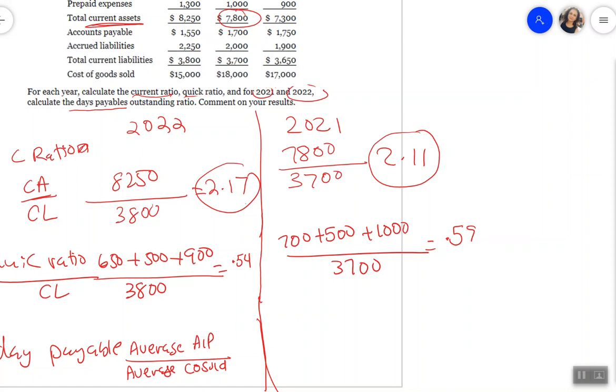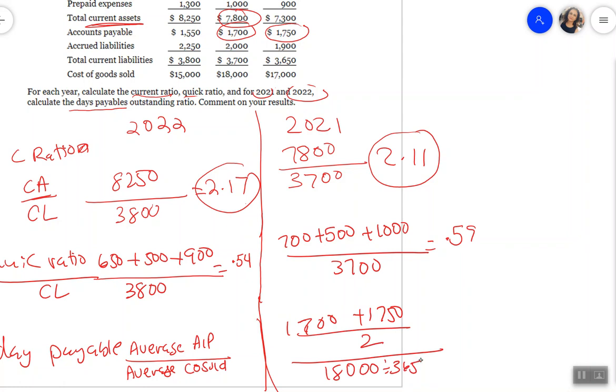For the accounts payable, you look at the ending of 2020 and the ending of 2021. So in this case, it will be 1,700 plus your 1,750 divided by 2, divided by your cost of goods sold, which is 18,000, divided by 365 days in a year, and that will give me 34.9 days.